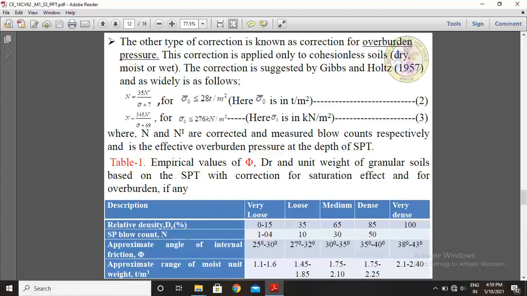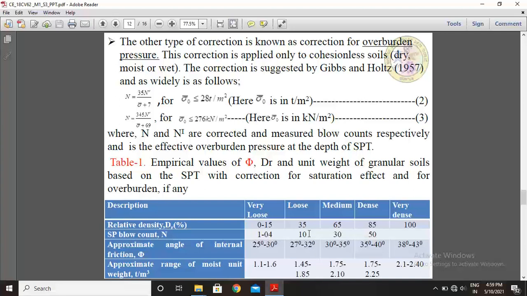Table 1: empirical values of phi, dry and moist unit weight of granular soils based on the SPT, with correction for saturation effect and for overburden if any. So these are given values for different soil conditions: very loose, loose, medium, dense, very dense. Relative density in percentage is 0 to 15 in very loose, and SPT blow count is 1 to 4.